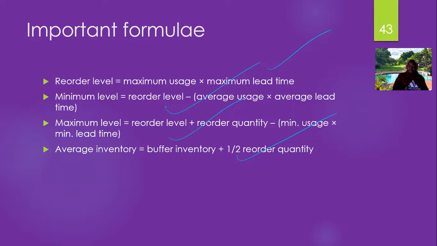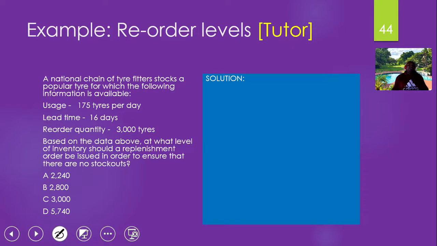Let us see if there are still other examples for us to illustrate these points. A national chain of tire fitters stocks a popular tire for which the following information is available. Usage is 175 tires per day.